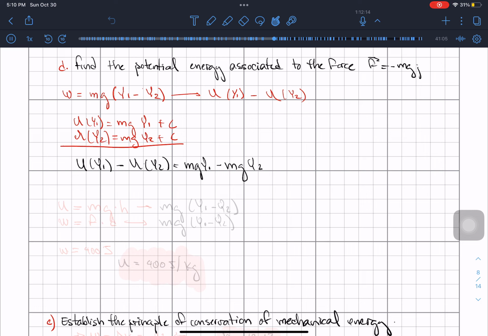But how do we find that potential energy? That's found by the mass of the object times gravity times the change, or the variation, in height, which will translate, of course, to the mass of the object times gravity times y1 minus y2.